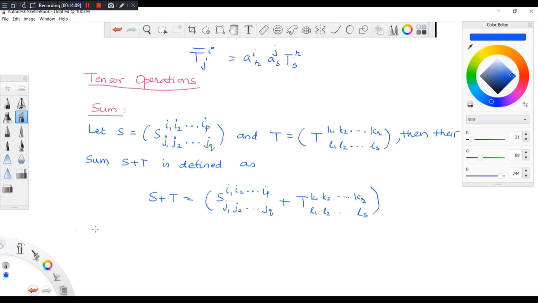Okay, this is a tensor of the same type and order as the original tensors.